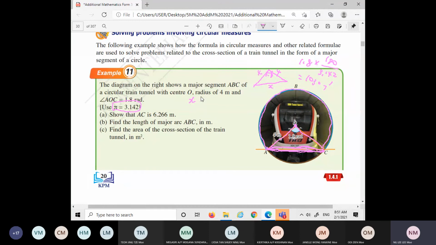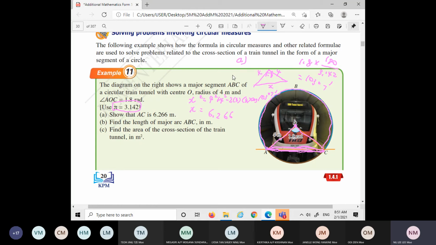So x squared equals 4 squared plus 4 squared minus 2 times 4 times 4 times cos 103 degrees 7 minutes. Then remember to square root it, then you get the answer 6.266. Okay, this is part A.